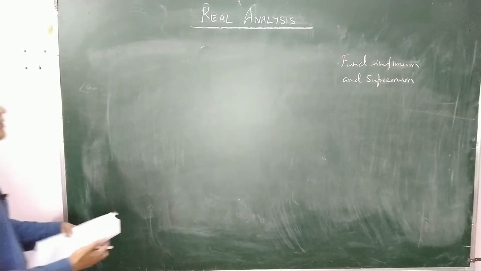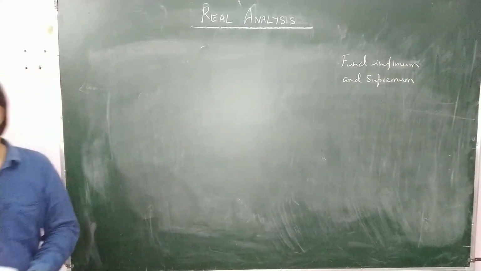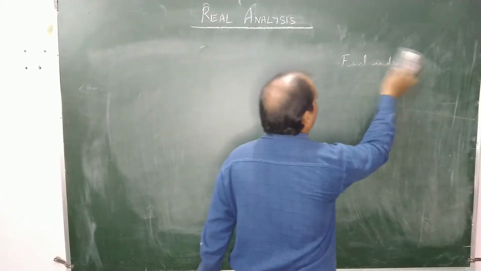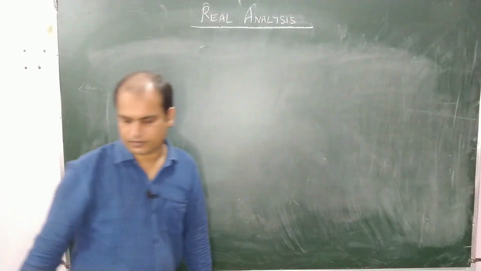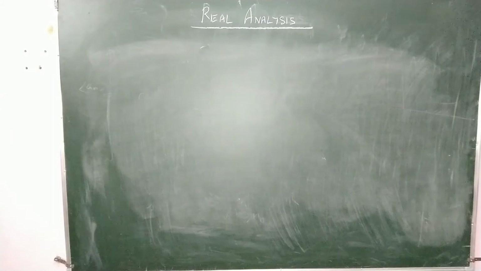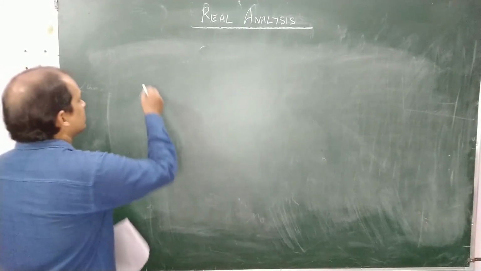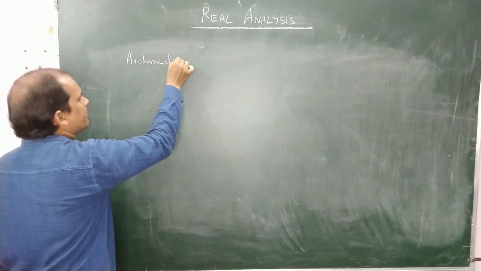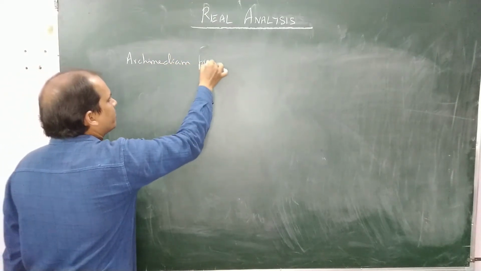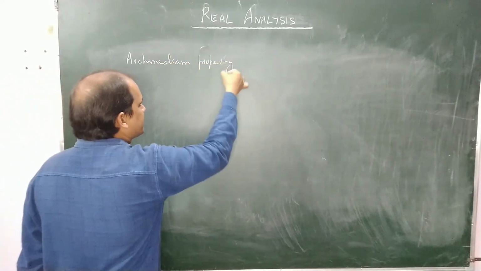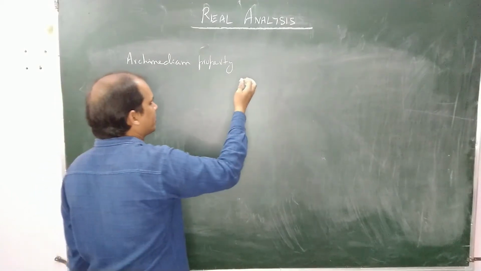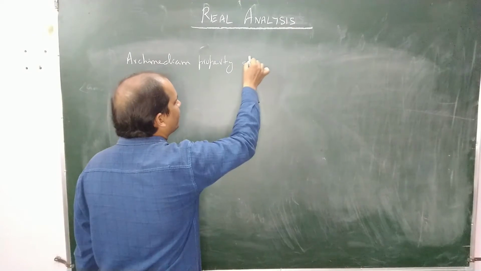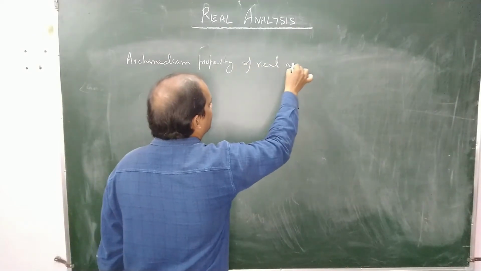So I am going to recall the statement of the Archimedean property of real numbers here. Actually, this one is a corollary of the Archimedean property, but it will be used at several places, in several proofs and examples.